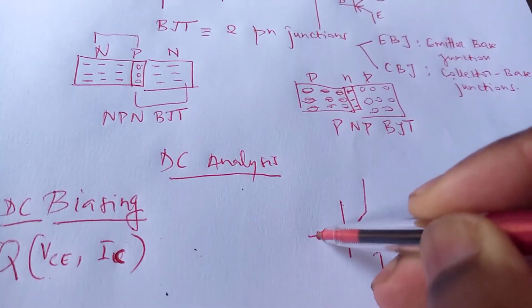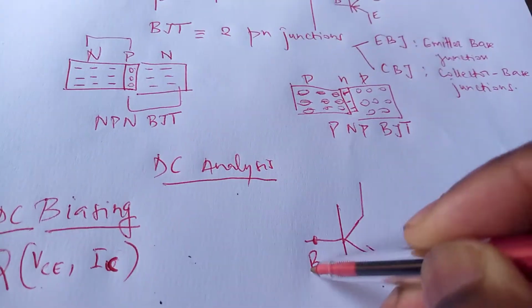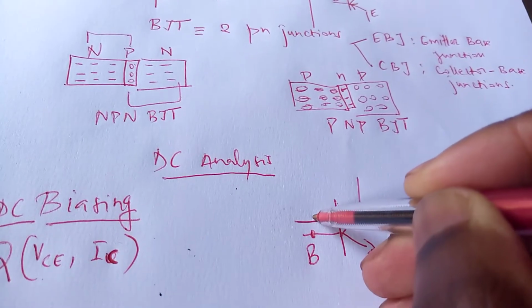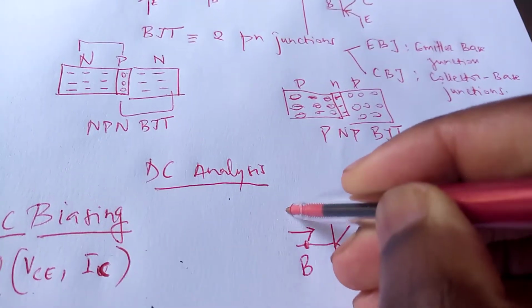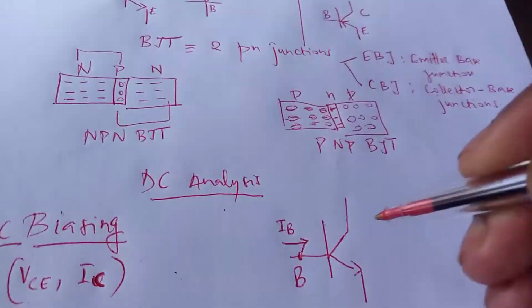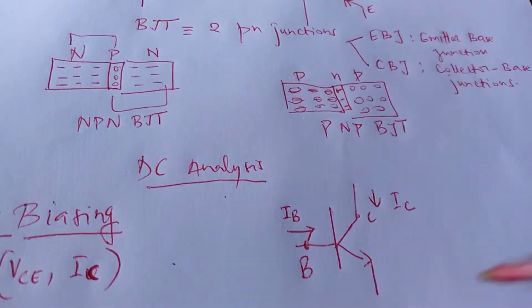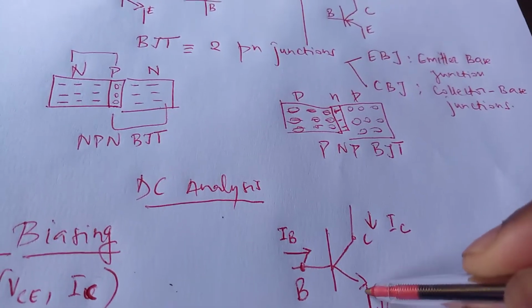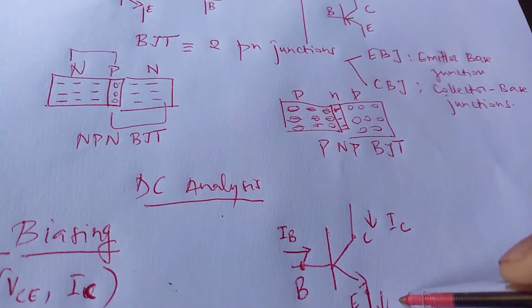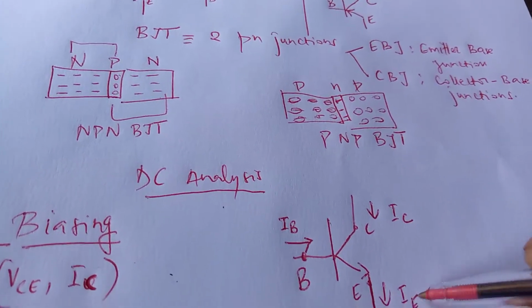Recall that through the base in an NPN transistor flows a base current. Through the collector flows a collector current, and out of the emitter of an NPN transistor flows an emitter current.